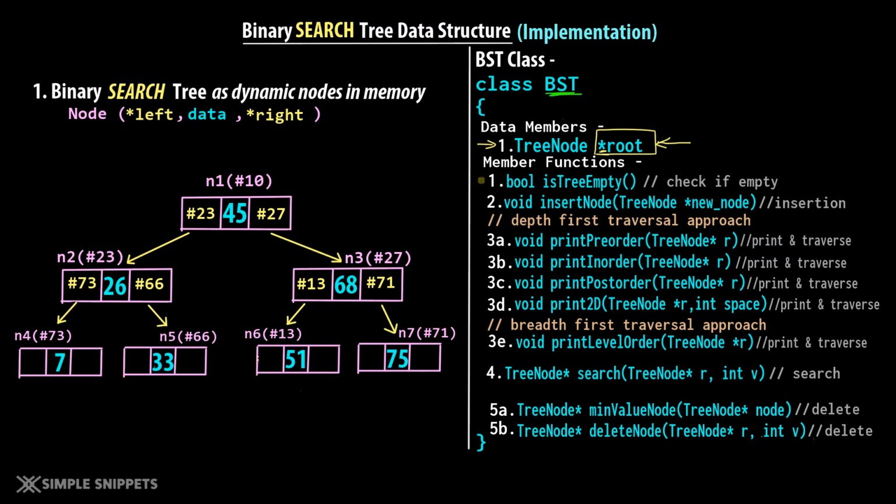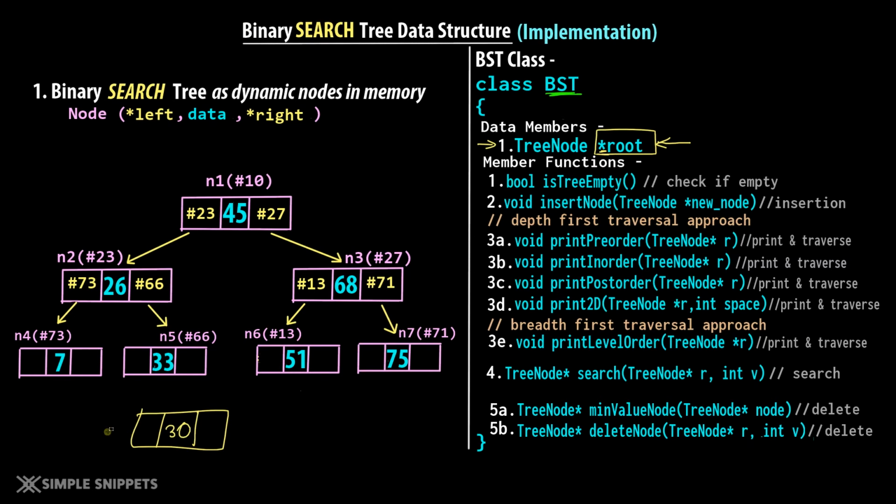So the first member function is the tree_empty function, which is nothing but a function which will check if there are any nodes attached in the tree or not. The second is going to be insert node, which will take the address of a node and attach it. So let's say you want to attach a new node over here. The value is 30.